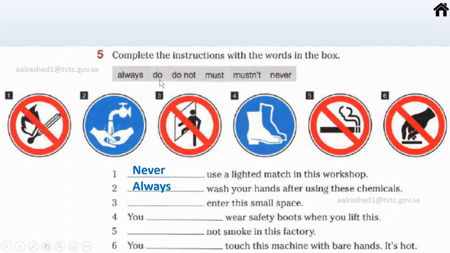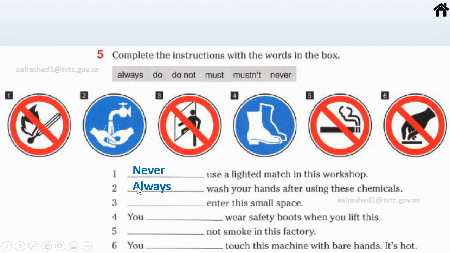Also, I can use here, for example, you could use do, or you could use wash alone without do or without always. So you have a variety of options.